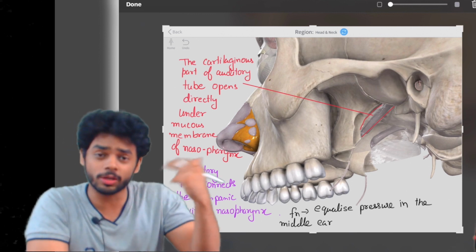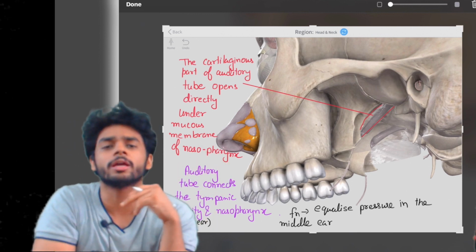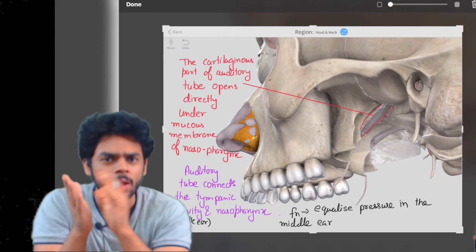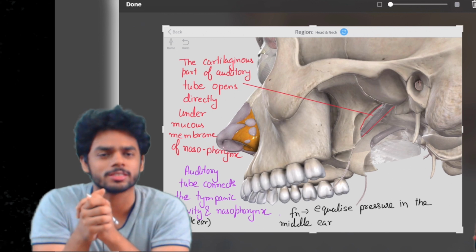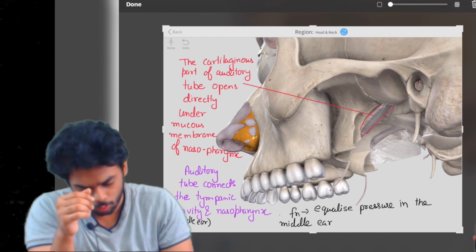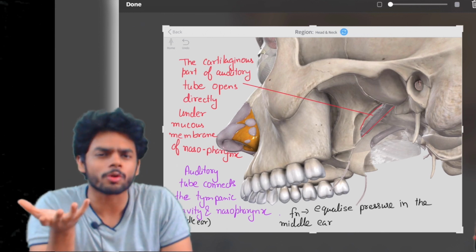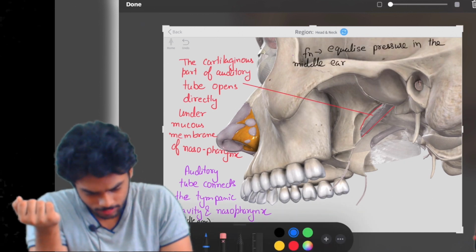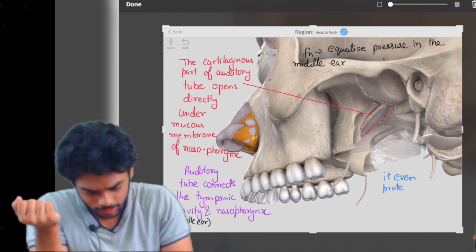I will explain in another lecture, or in the physiology part, how it equalizes the pressure. But yes, the function is to equalize the pressure. The second function is that it protects from loud sound damage. Am I clear?